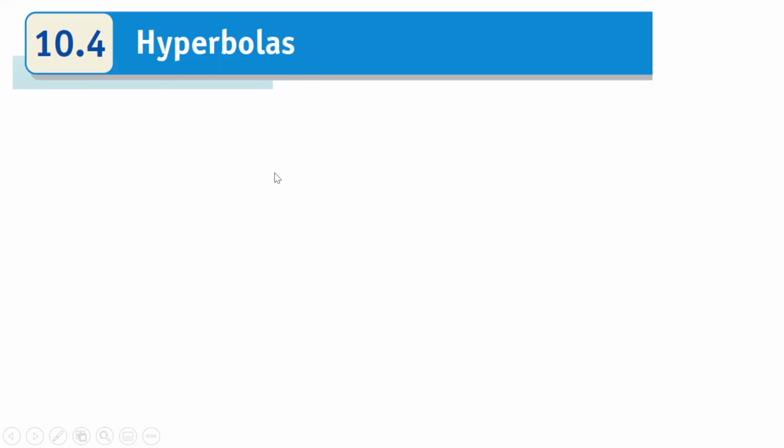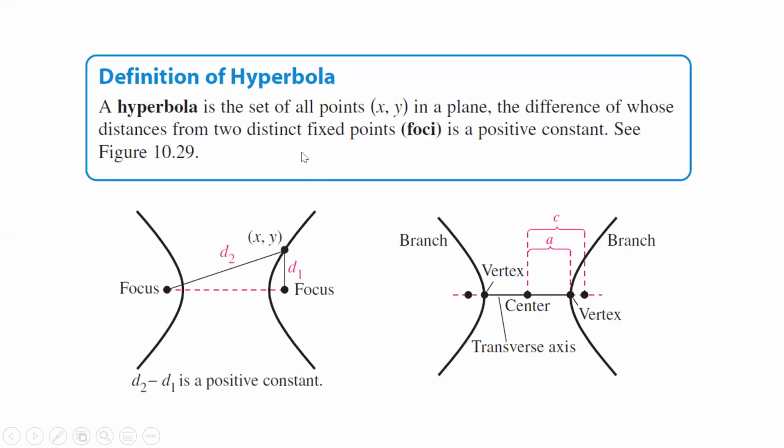So what does a hyperbola look like, first of all? Don't need to write this down yet. We'll get to the formula section, but I just want to show you this. It's kind of like an ellipse, if you think about it, but almost cut and facing the other way.